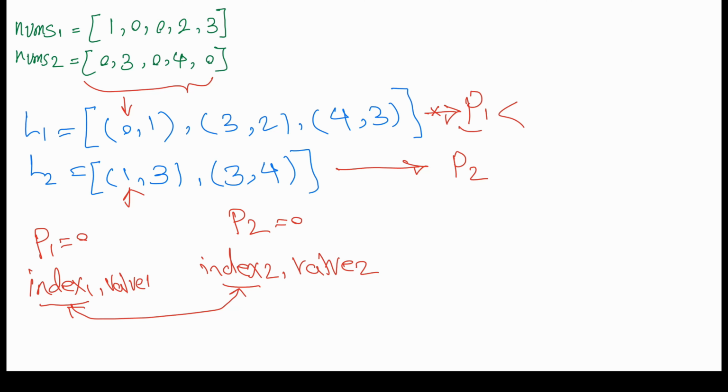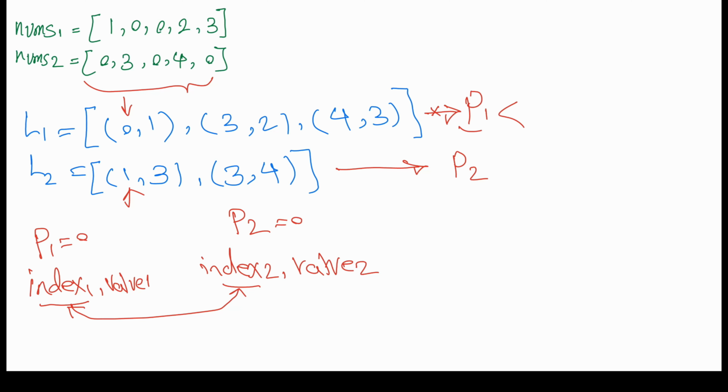But if not, we should increase one of the pointers here. So for the first example, we can see that index 1 is 0, index 2 is 1. So these two are not equal to each other. We cannot add anything to the result.